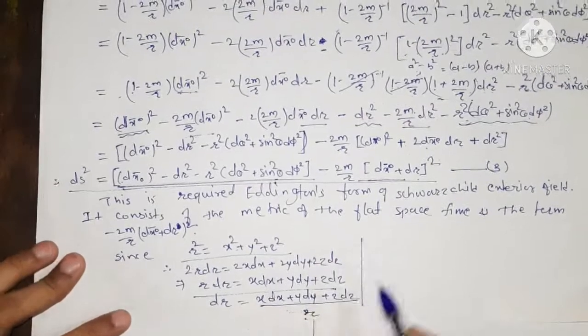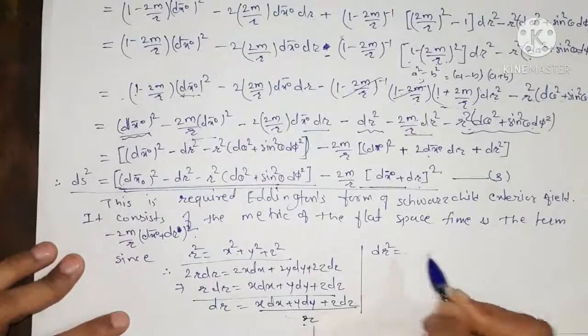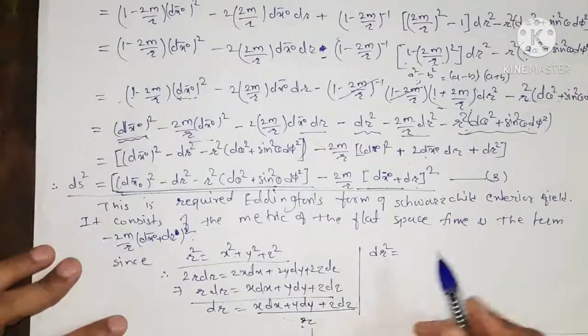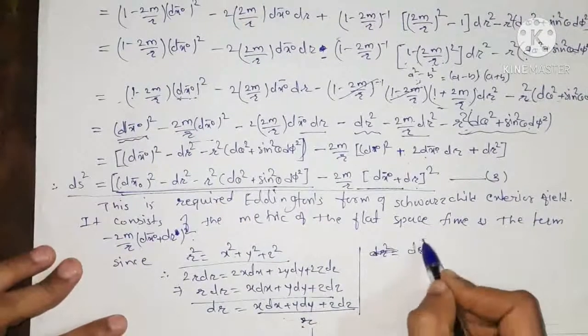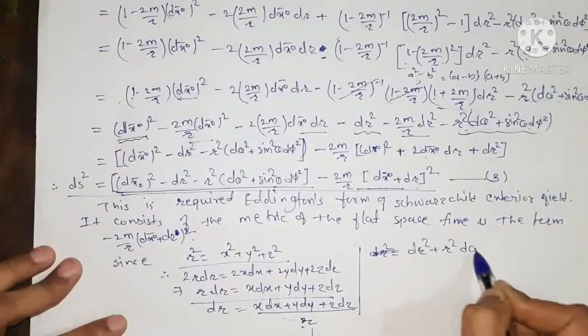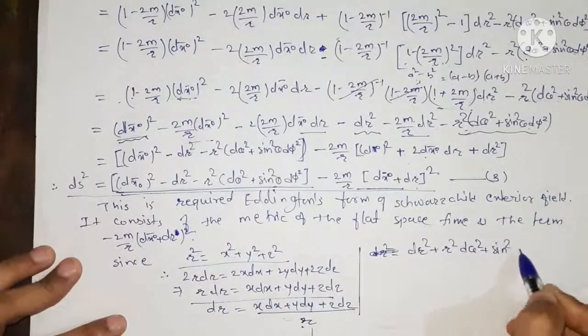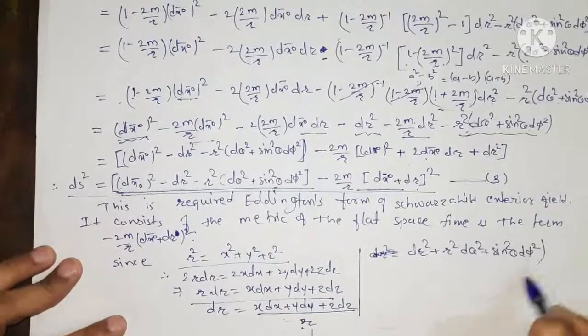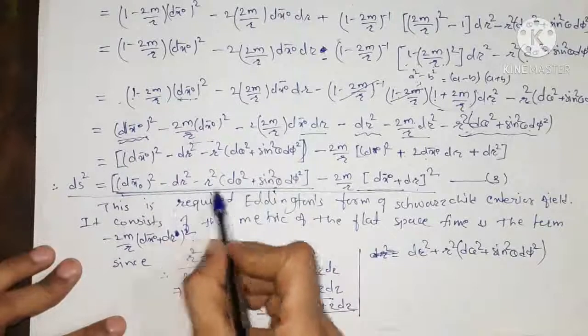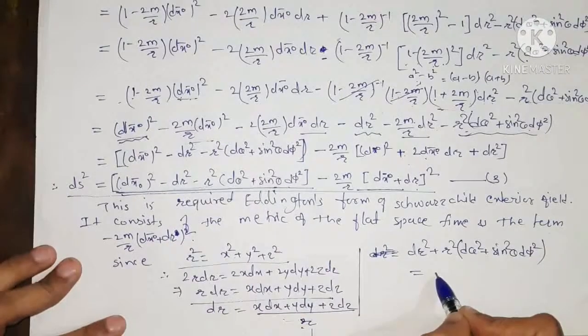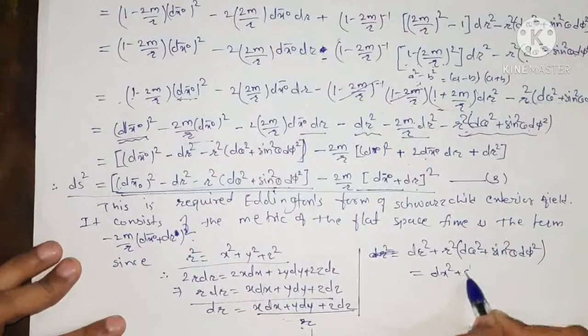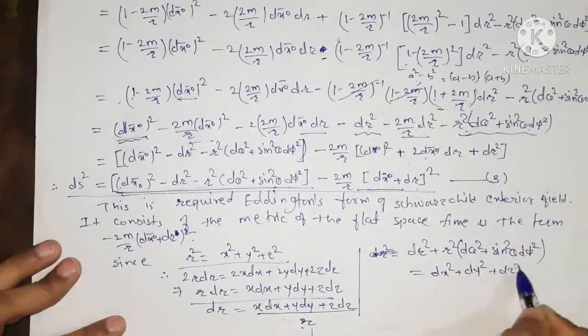And also dr square plus r square (d theta square plus sine square theta d phi square) equals dx square plus dy square plus dz square.